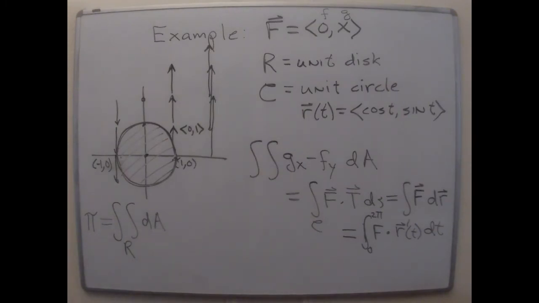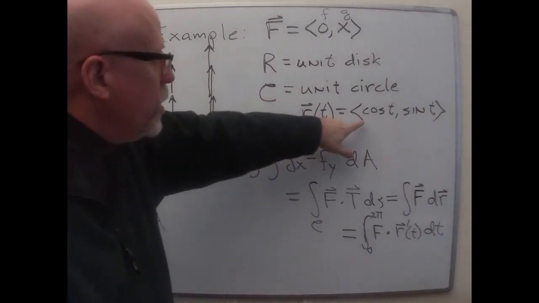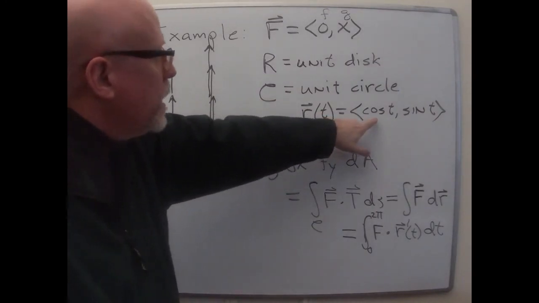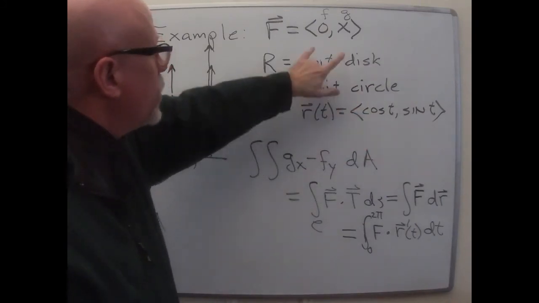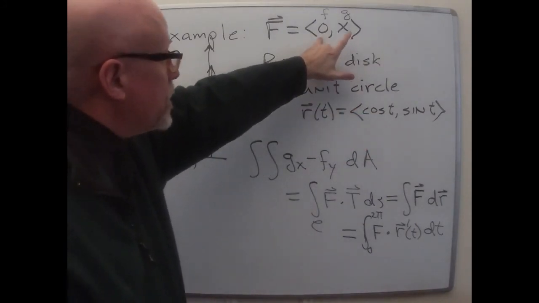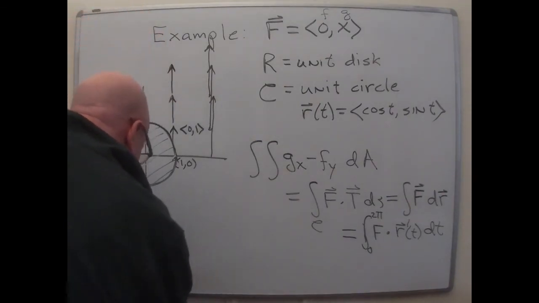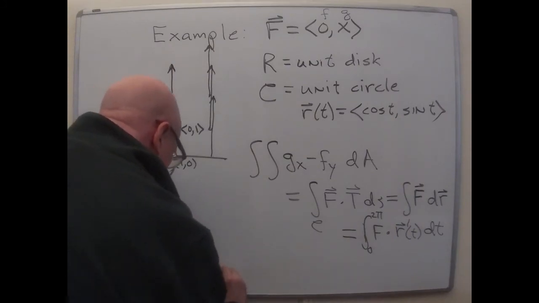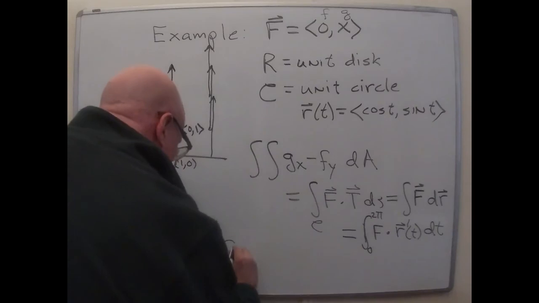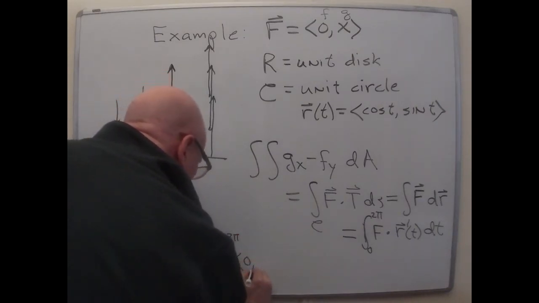Well, let's see if we can do it. What happens to f while we're on this circle? The x-coordinate is cos t when you're on this circle. So f is the vector 0, comma, cos t. And this one is 0 to 2 pi, 0, comma, cos t.